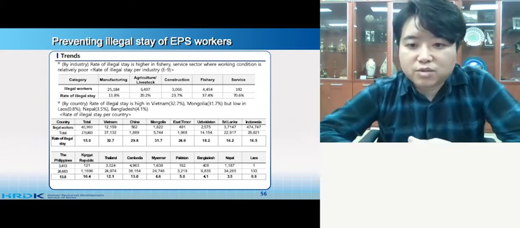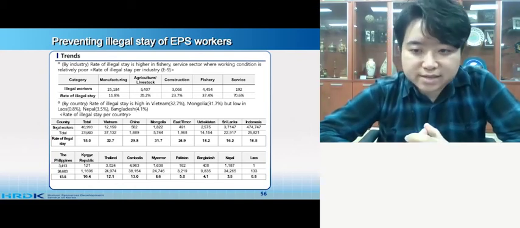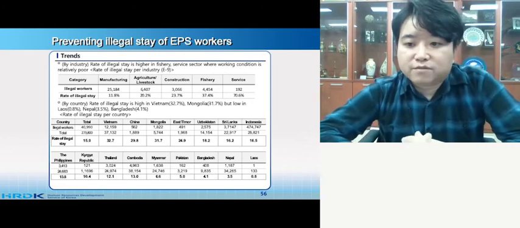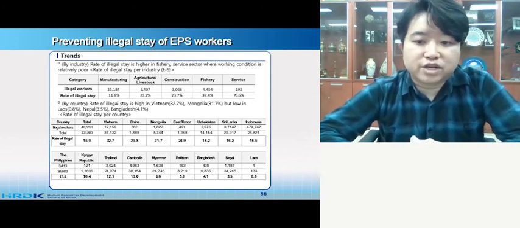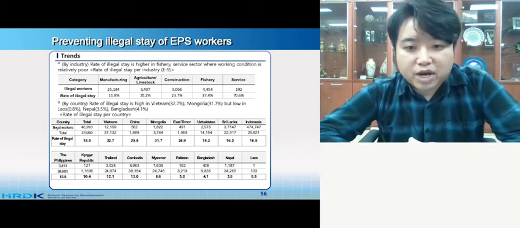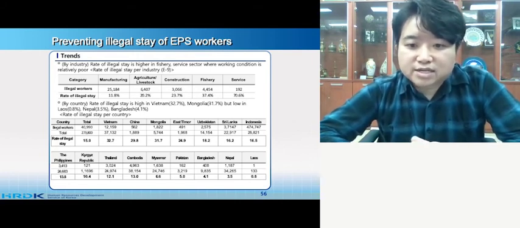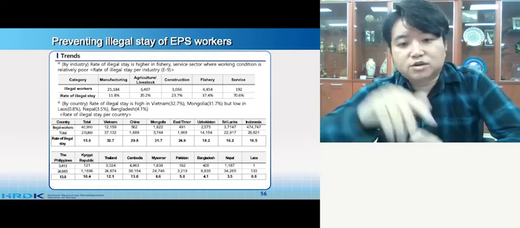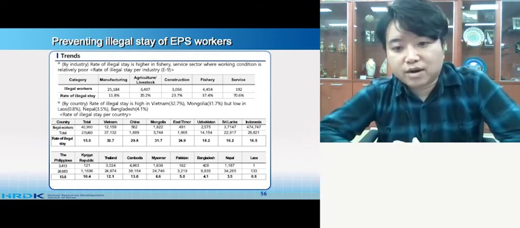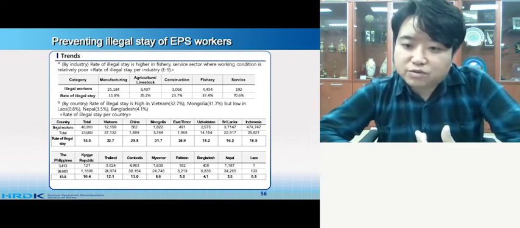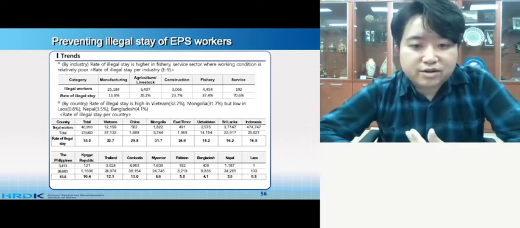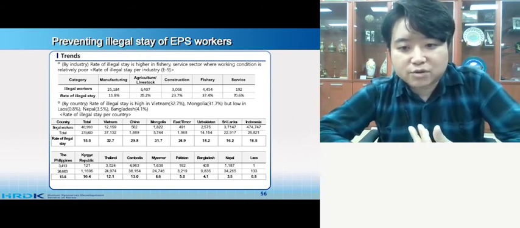So we are normally trying to make some good schemes or training projects for them before they leave their country in order to improve their vocational competency. And by country, the rate of illegal stay is high in Vietnam and Mongolia, but it's low in Laos, Nepal, and Bangladesh, because I guess there would be some national characteristics in each country, but I will skip this.